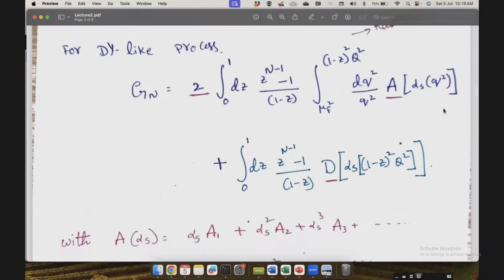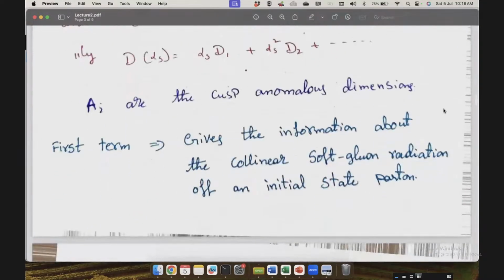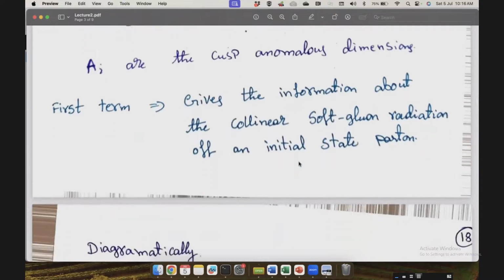The first term, involving the terms A, what information do they give? The first term gives the information about the collinear soft gluon radiation coming from an initial state parton. Please note this: it is neither soft nor collinear alone. It is a soft gluon, but in the collinear limit. So this is a collinear soft gluon radiation from an initial state.